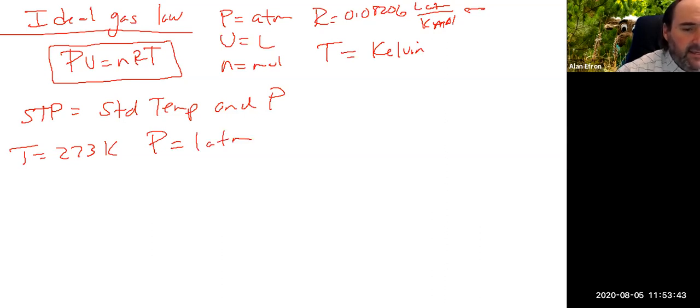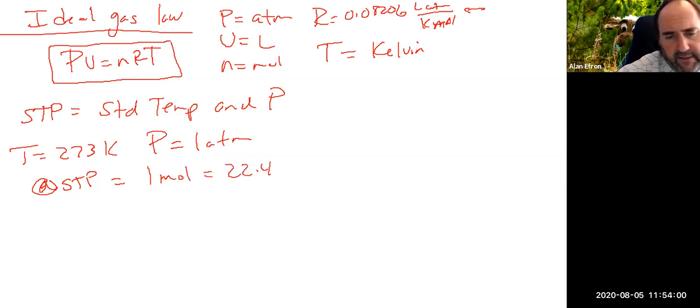And basically, there is a nice little conversion factor that allows you perhaps not to have to use the ideal gas law, is when you are at STP and only at STP, 1 mole of any gas will equal 22.414 liters.